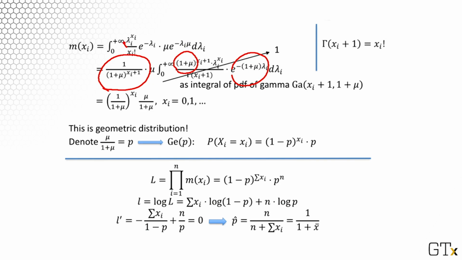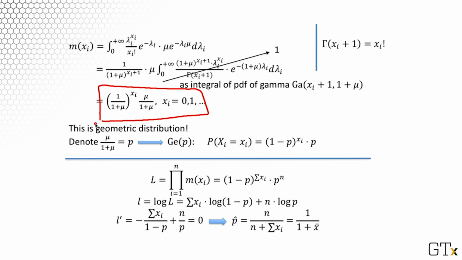I had the lambda to the xi coming here, and xi factorial is essentially already gamma of xi plus 1. So after some cleanup, we get the integral of a gamma density, and that is 1. We end up with m of xi equal to 1 divided by 1 plus mu raised to the xi, times mu over 1 plus mu, and we recognize here a geometric distribution.